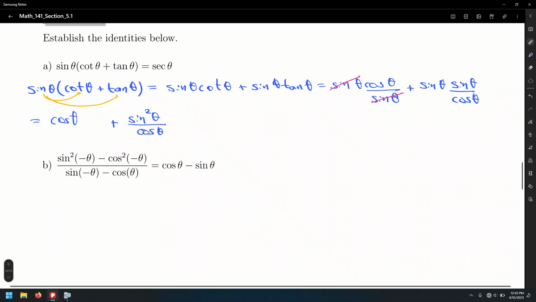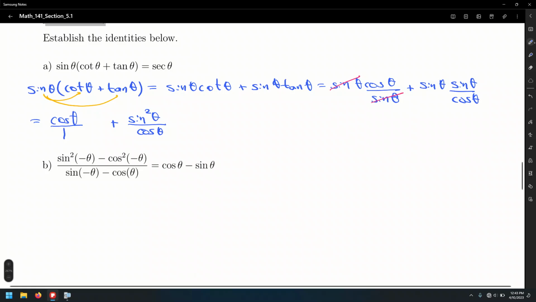What do we have here? Check this out. This cosine theta is the same as saying cosine theta over 1. Now we need to combine two fractions together, but these two fractions do not have the same denominator here. So we need to find a common denominator, again, by multiplying the fractions by the missing factors.